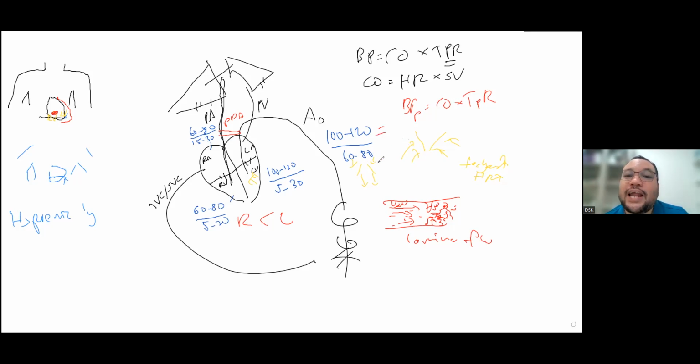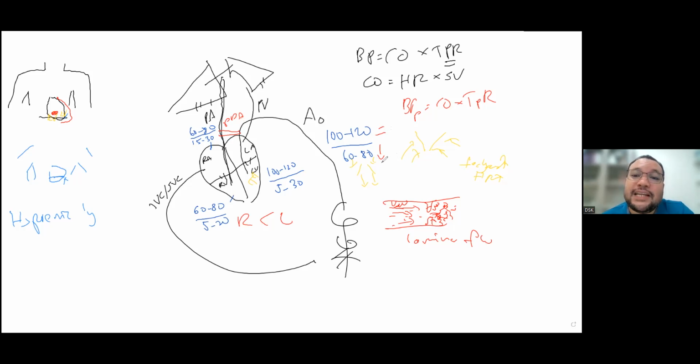What happens to your diastolic BP? Diastolic BP reduces. Why does diastolic BP reduce? Because during diastole there is shunting. During diastole, blood from the left side goes into the right side. So shunting happens during diastole, and when shunting happens during diastole, diastolic BP reduces. Systolic BP maintains, diastolic BP reduces.